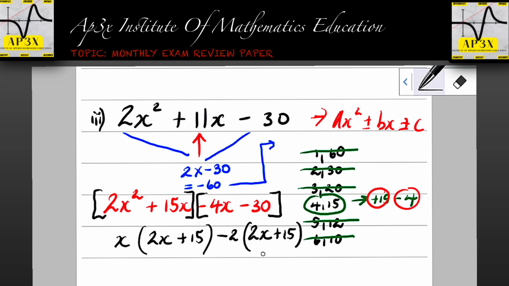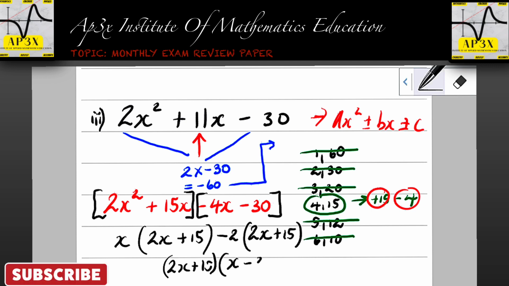Once again, we are successful in getting the same things in the bracket, even without being a little bit cheeky. So therefore we end up with 2x plus 15 as our common factor, and what is left is then x take away 2. And that is how you factorize a quadratic expression.